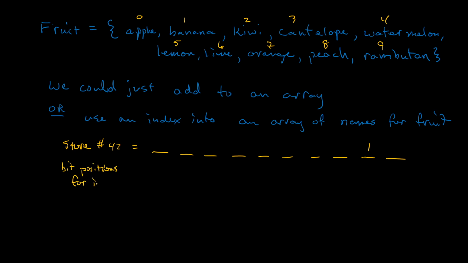For integers, they're also the power of 2 that bit represents if I have an integer value. This is 0, 1, 2, 3, 4, 5, 6, 7, 8, 9.